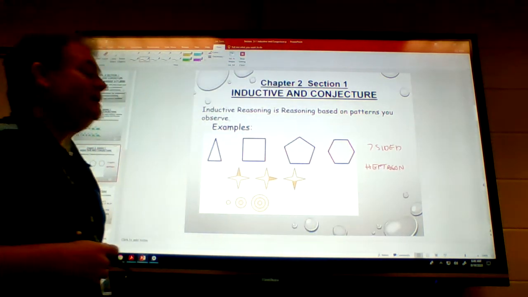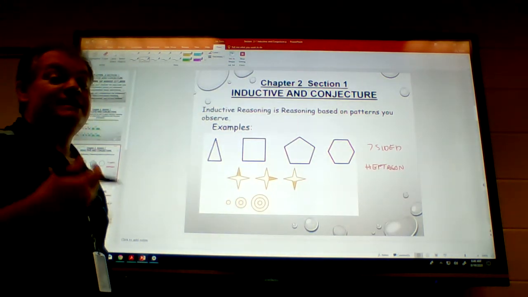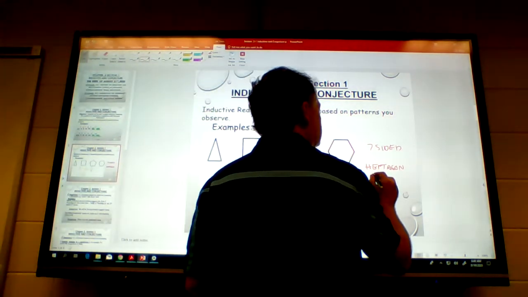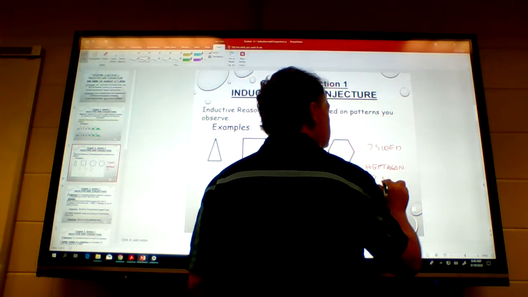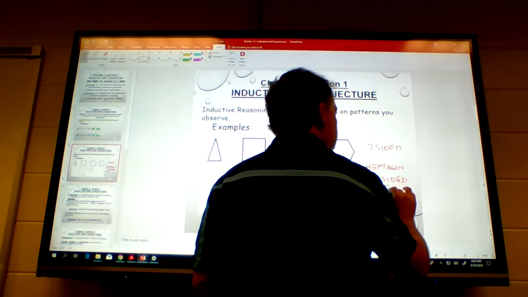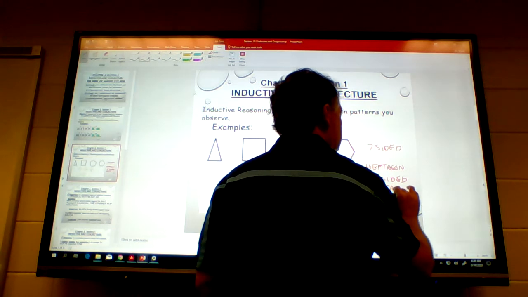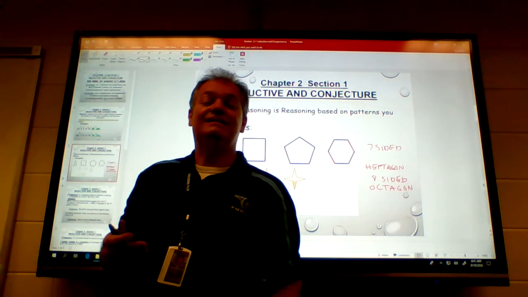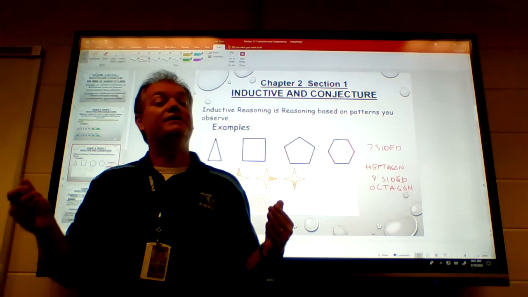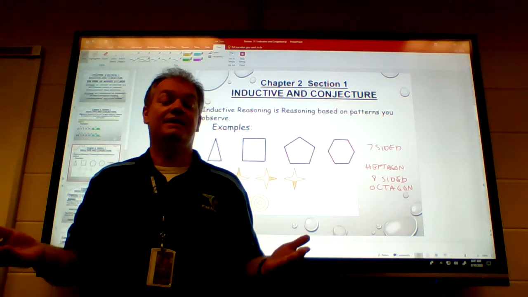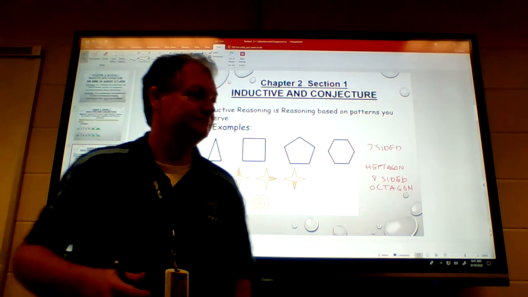Well, right after that is an 8-sided figure called an octagon. Now remember, the most prevalent octagon you're going to see, you see it every day on your way to school. You see stop signs. Those are octagons.